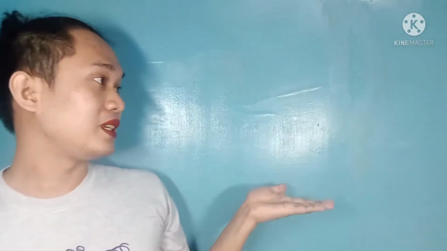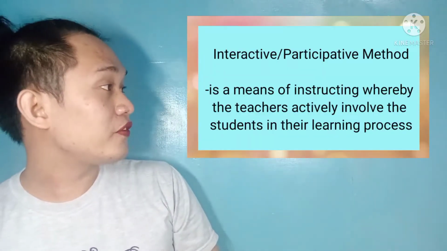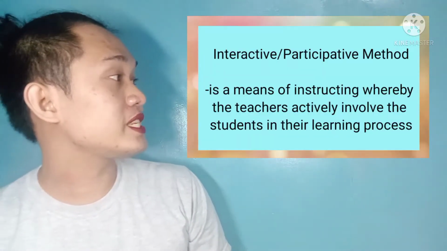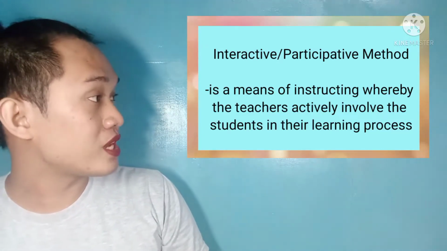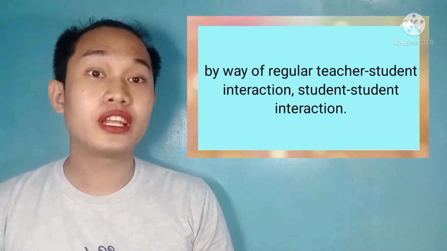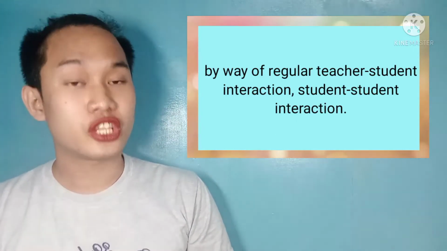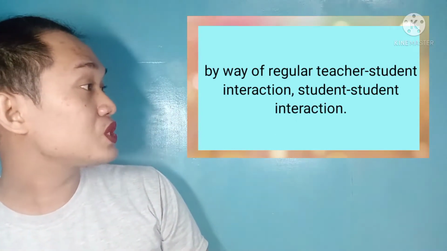Last is the interactive or participative method, and this is the meaning. It's a means of instructing whereby the teachers actively involve the students in their learning process by way of regular teacher-student interaction and student-student interaction. So here is the participation of the students.